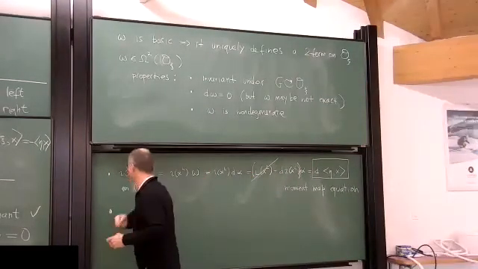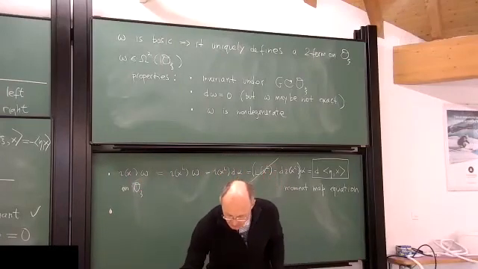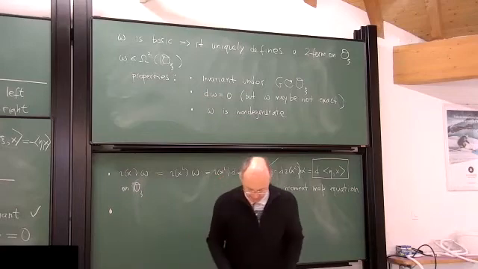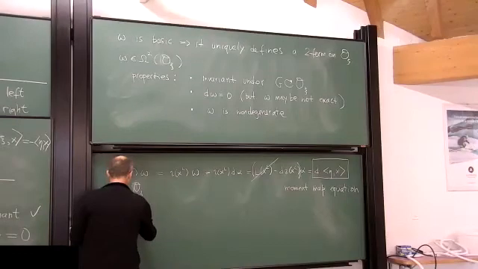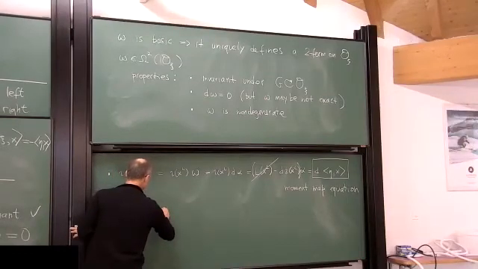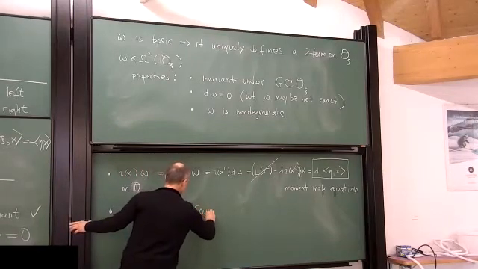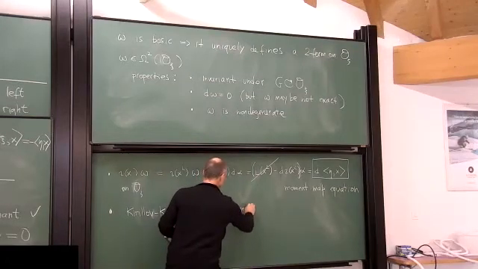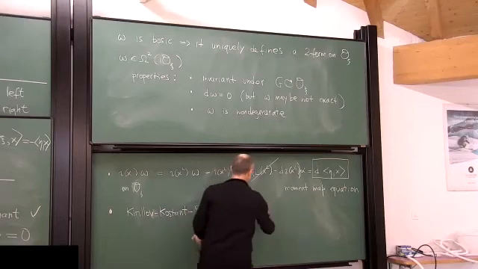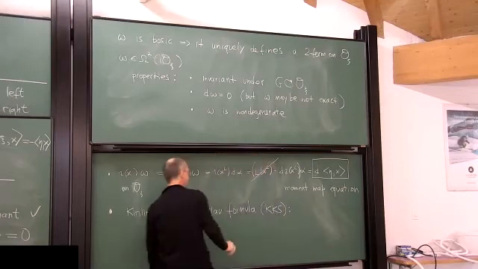And I would like to show you one more formula. Perhaps I'll leave it also as an exercise. So that's the famous Kirillov-Kostant-Souriau formula for the KKS form.